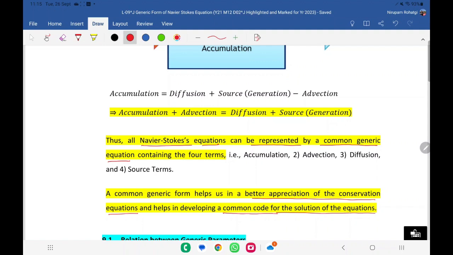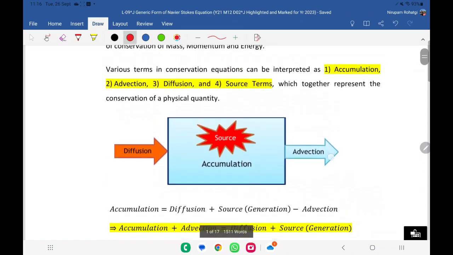You just have to replace the variable, and because the equations are the same, what will happen? The two equations will differ from each other in that in some equation some term will be there, in other cases some other term will be there. So some other term will be 0, right? The coefficients will be different, the parameters will be different, but the equation will be the same. This is what we are trying to do.